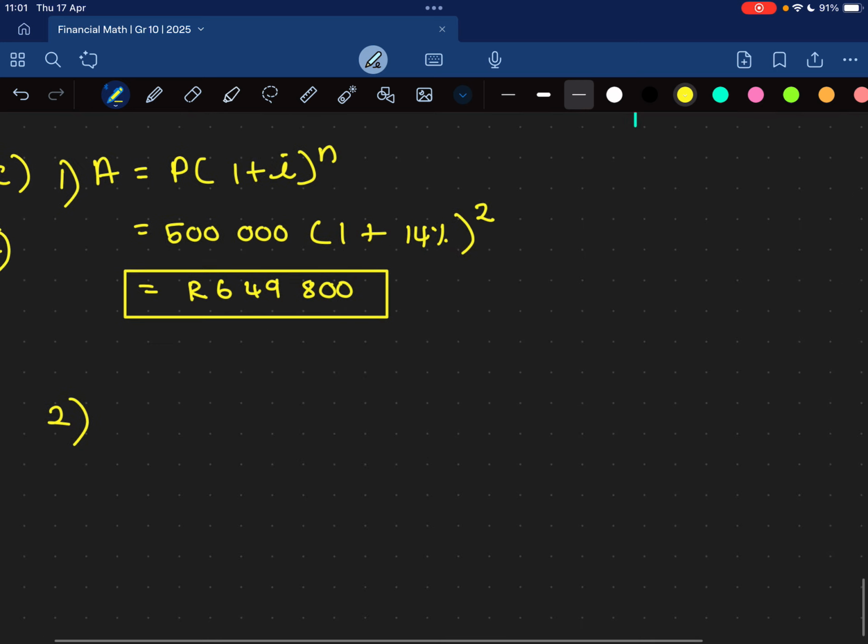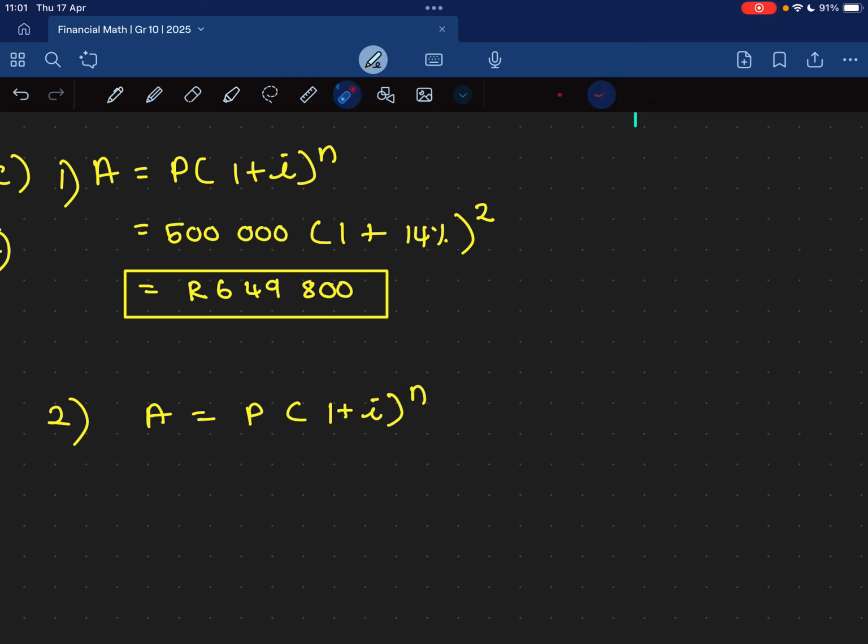Now, again it's still compound interest, so we have A is equal to P(1 + i) to the power of n. But now this is talking about the next 3 years, so it means that after 2 years, this is how much is sitting in the account.